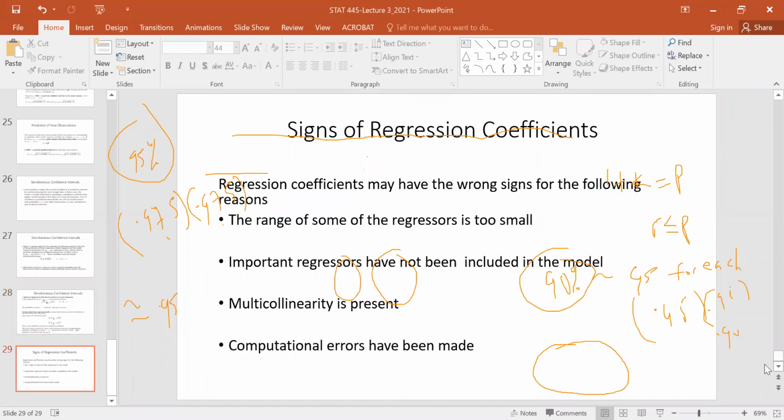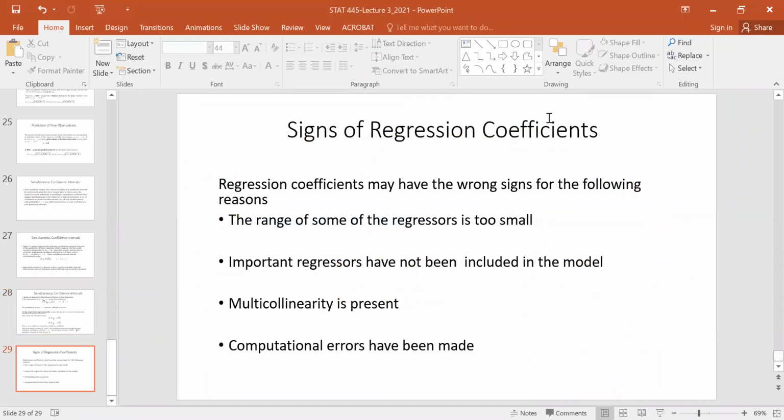The last slide before I end this particular set of videos: why will a regression coefficient have the wrong sign? Sometimes you expect a beta j hat to be positive, but it turns out that it's negative, and vice versa. What are some of the reasons?